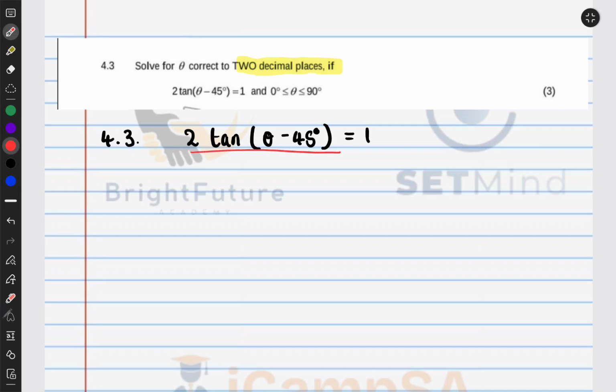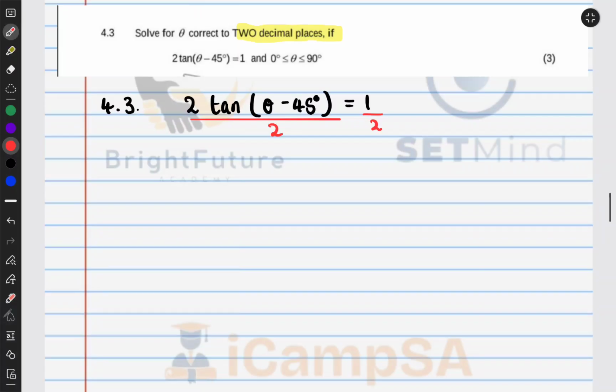Let's start solving by dividing by 2 on both sides. So tan of theta minus 45 degrees is equal to 1 over 2. Once we are here, we take the tan to the other side.